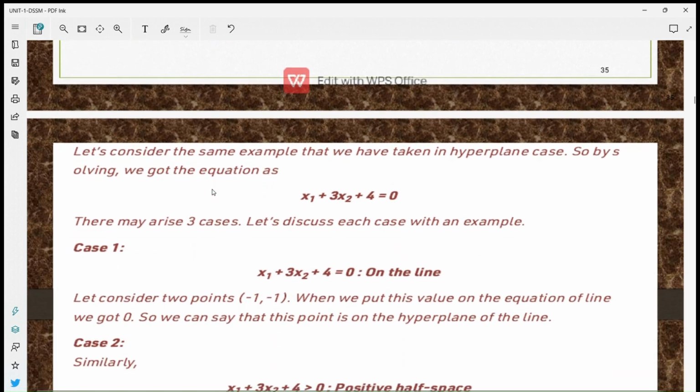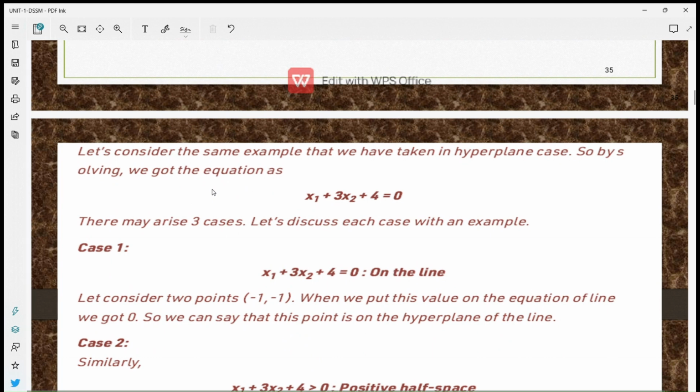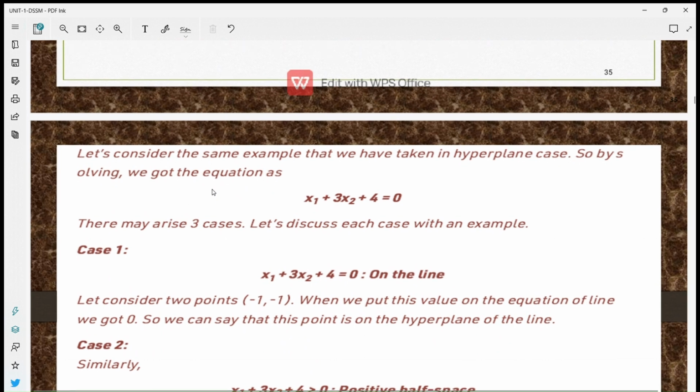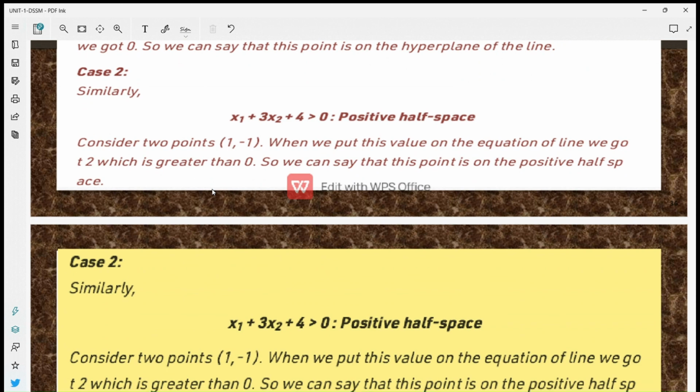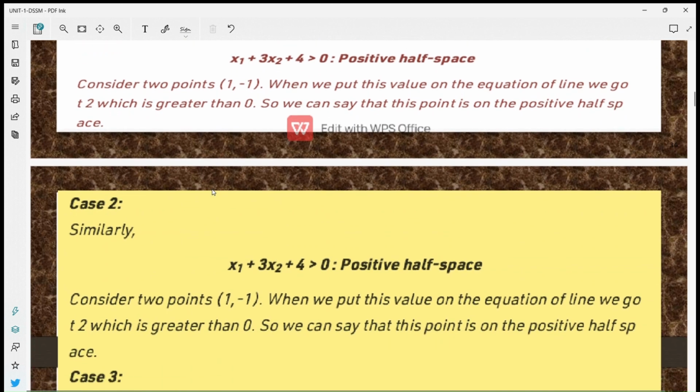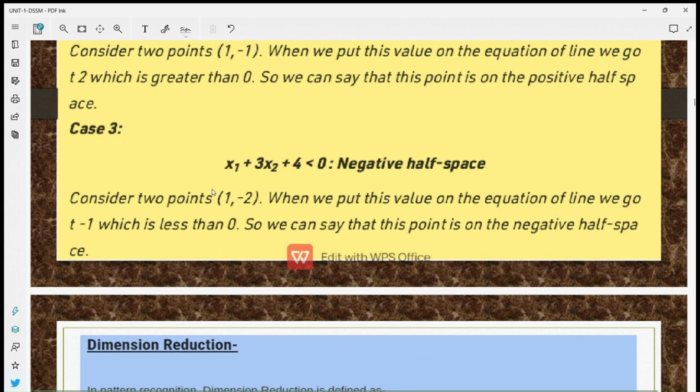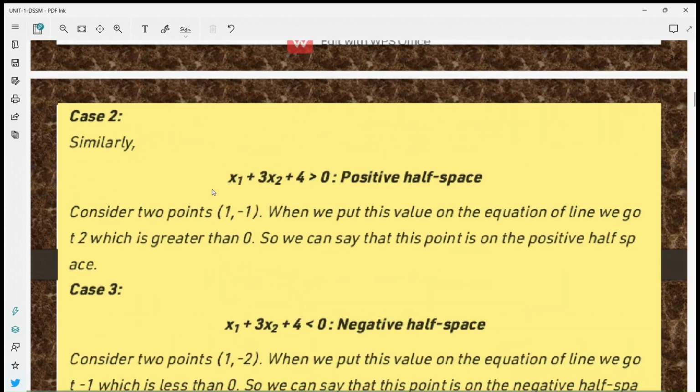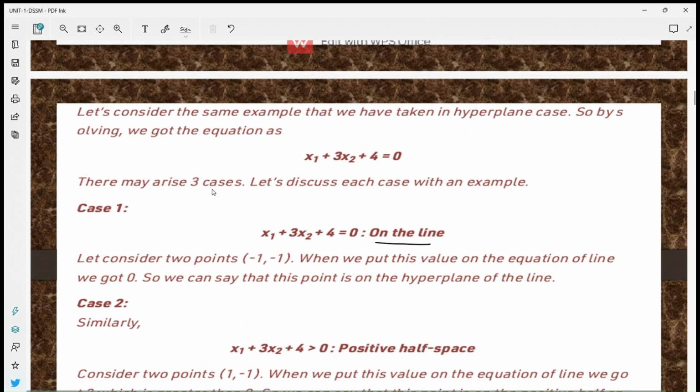We have taken one example, and if it is equal to 0, it is on the line, and if it is greater than 0, it is on the positive half space, and if it is less than 0, it is in the negative half space. So we will discuss in detail over here.